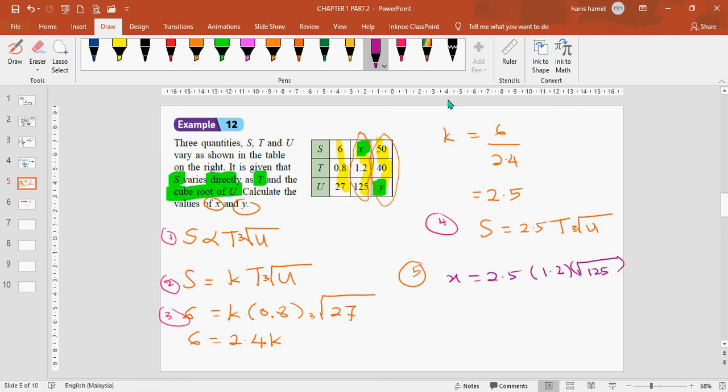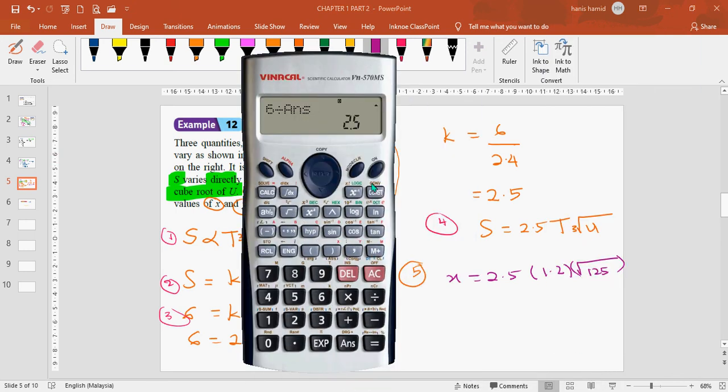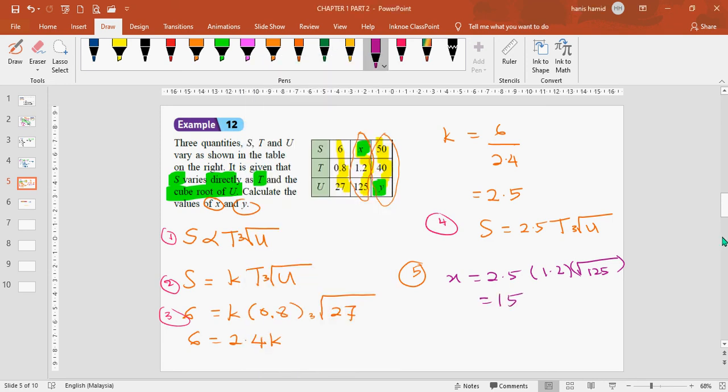I can straight away do the calculation: X is equals to 2.5 times 1.2 times cube root 125 equals to 15. So X equals 15.